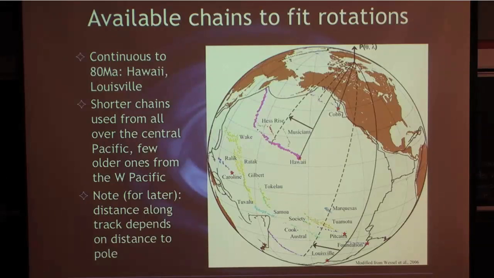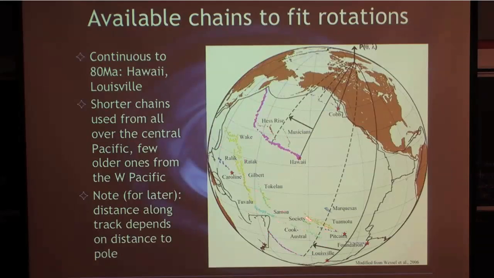Now, it should be fairly obvious that you have 2 long chains and lots of smaller ones, right? Back to about 80 million years, both Louisville and Hawaii Emperor give us a pretty strong constraint. Another way to say that is both of those chains are dominating the first 80 million years because they are pretty much continuous all the way through.